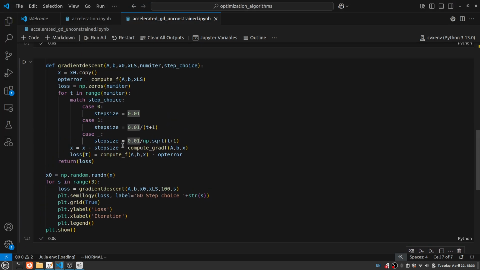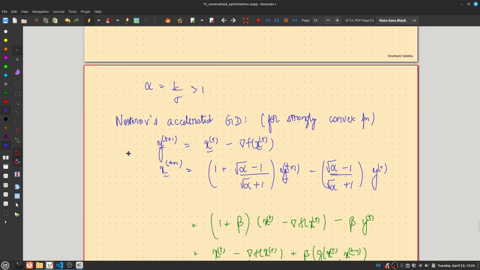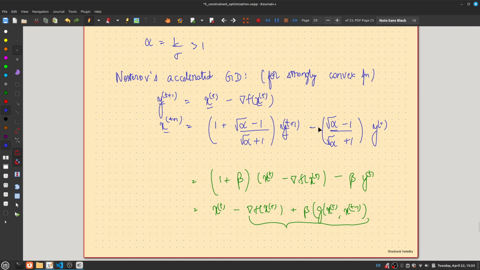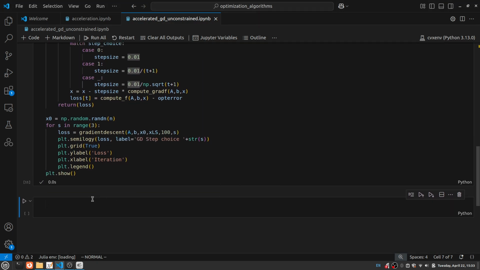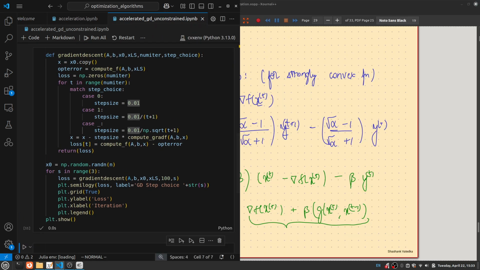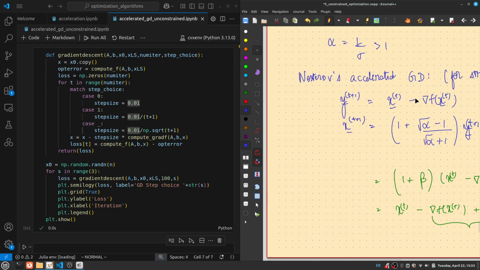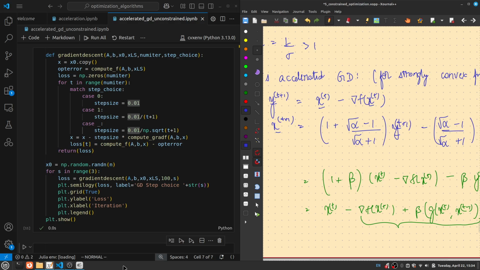All right. Now let's try to implement the version of accelerated gradient descent that I have over here, this particular variant of accelerated gradient descent. Let me have this to one side, and this to another side, just so that I have a reference.